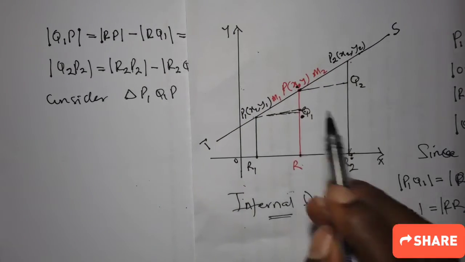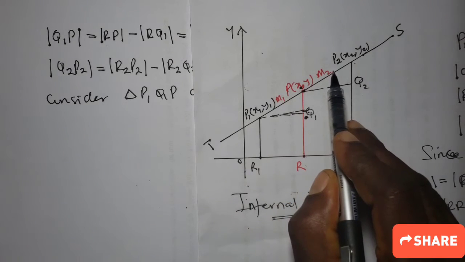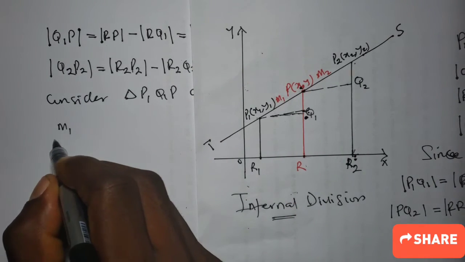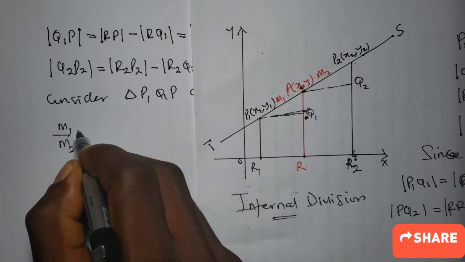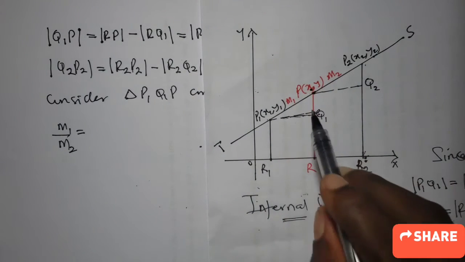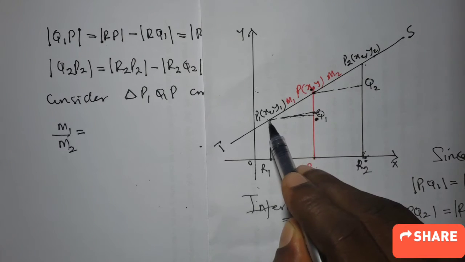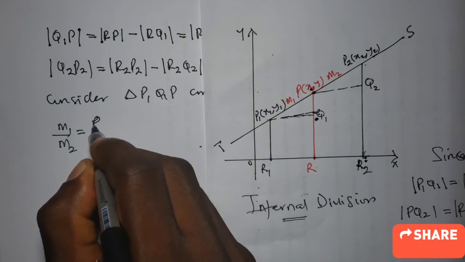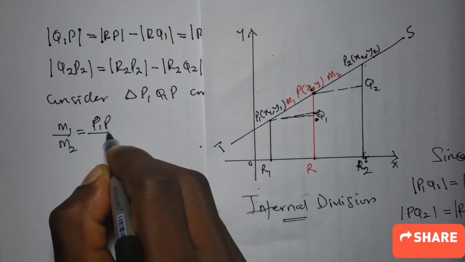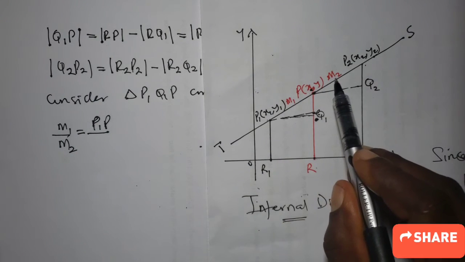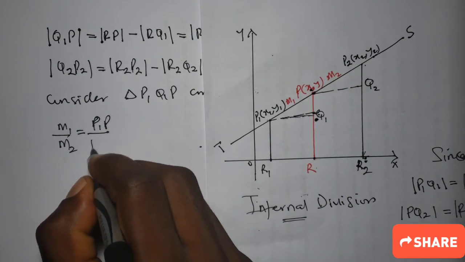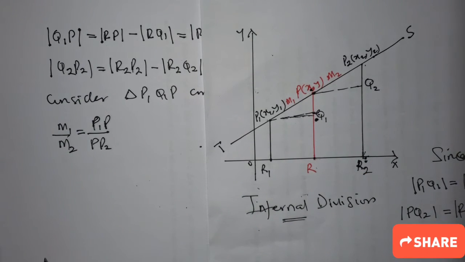Now, we have here M1 and M2, that is the ratio of division. So we have that M1 over M2 is equal to what? From the diagram, M1 is the line P1P, right? So M1 is the line P1P over M2, which is the line PP2.